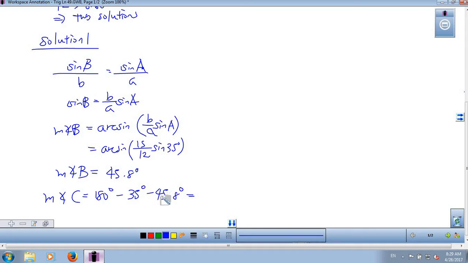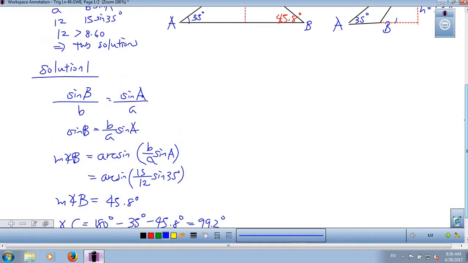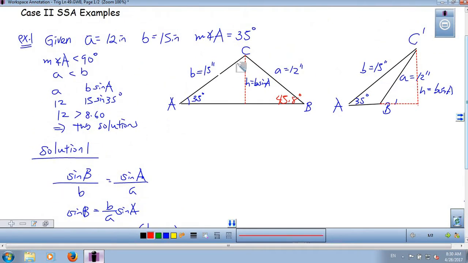So we take 180 minus 35, and then subtract 45.8. So that will give us about 99.2 degrees after rounding. So angle C is 99.2 degrees.